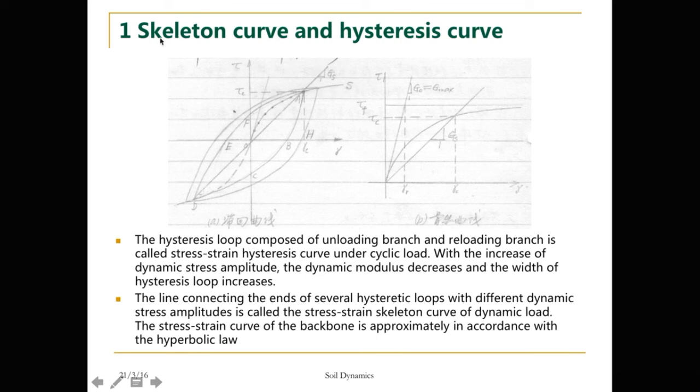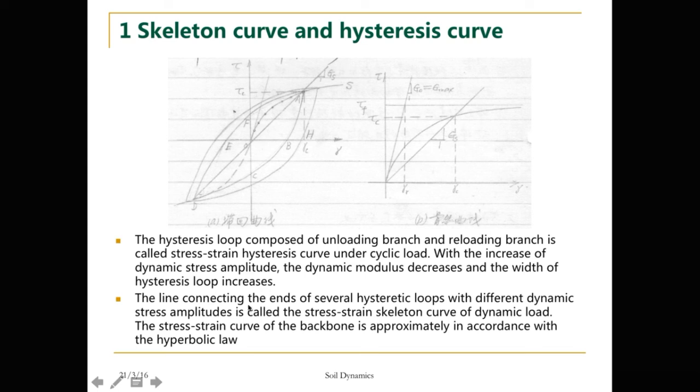It's just the skeleton curve. And in the beginning, I defined it as when we apply a monotonic load on the soil, then it will create a skeleton curve, the relationship curve of stress and strain. And now I give you the second definition.